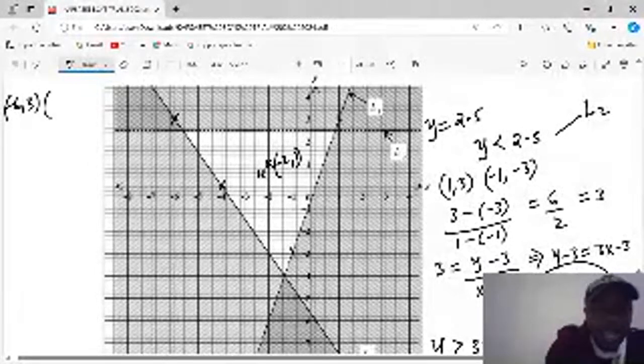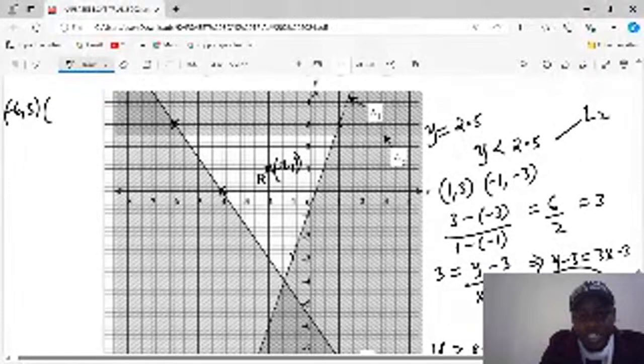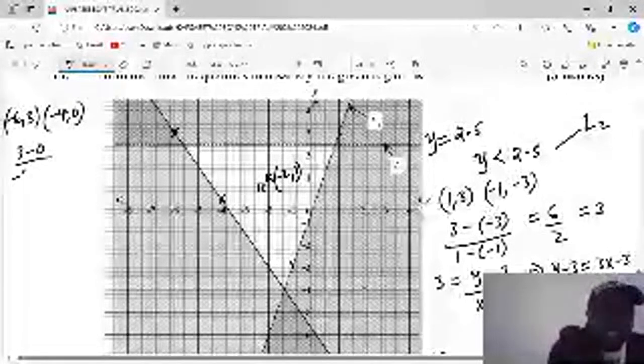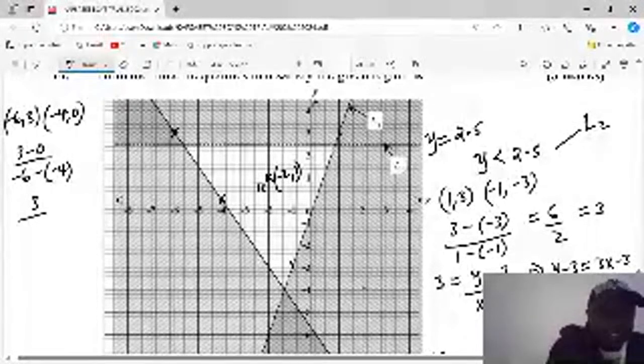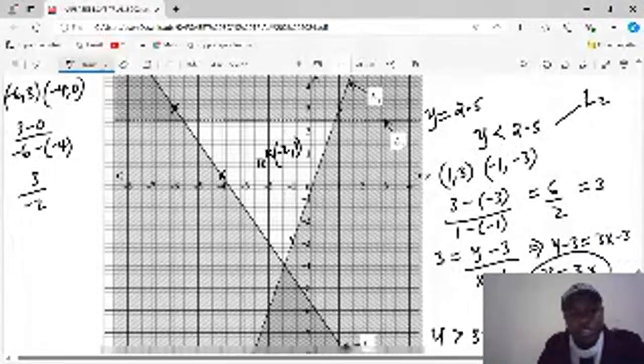Then there is another coordinate, (-4, 0). So we start by taking the gradient: 3 minus 0 divided by negative 6 minus negative 4. This shall be 3 out of negative 6 plus 4, giving us a negative 2. So the gradient is negative 3 out of 2.